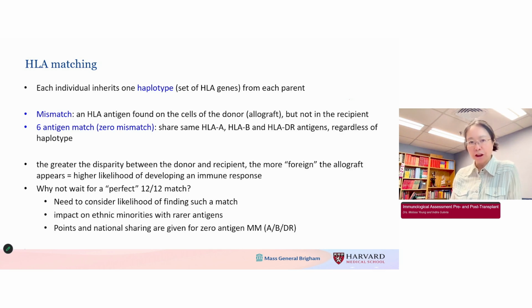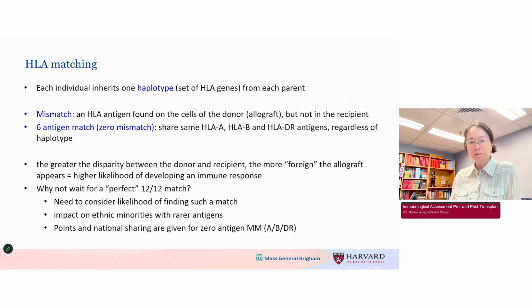So it's unidirectional. The HLA antigen is found on the cells of the donor allograft, but not in the recipient. Okay, that's the case in solid organ transplant. Of course, in bone marrow transplant, we have to consider the bidirectional case because the opposite direction dictates graft versus host.